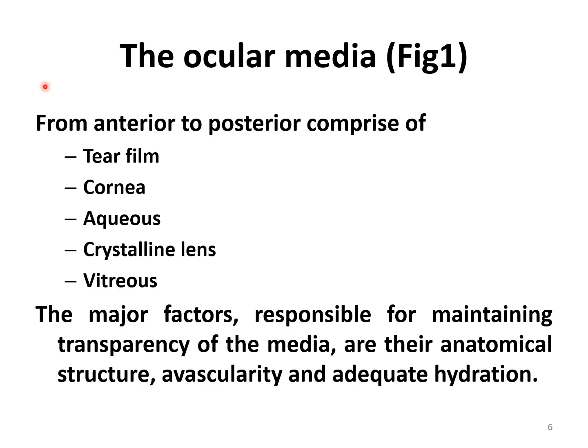We have seen that from anterior to posterior, the media comprise the tear film, cornea, aqueous, crystalline lens, and the vitreous. And the major factors responsible for maintaining transparency of the media are their anatomical structure, avascularity, and adequate hydration.